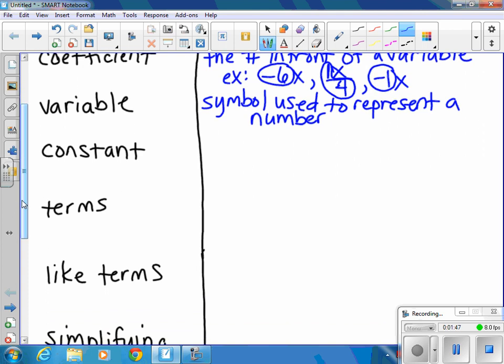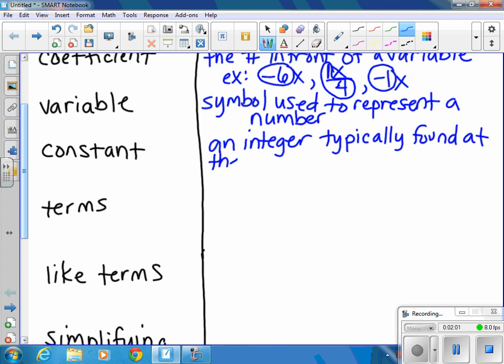Right? The word constant is an integer typically found at the end of an expression. And it has no variable attached to it. It's just a regular number.